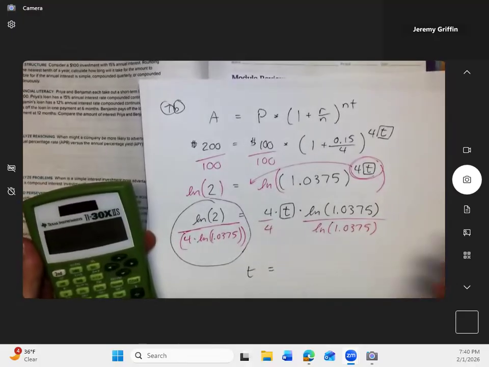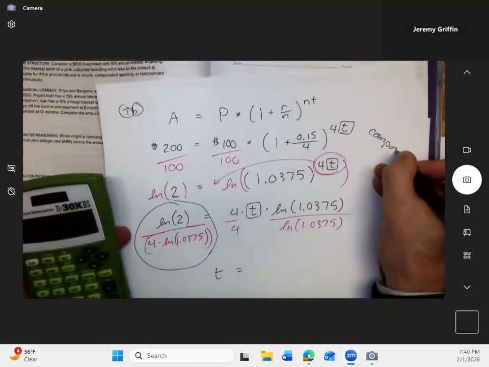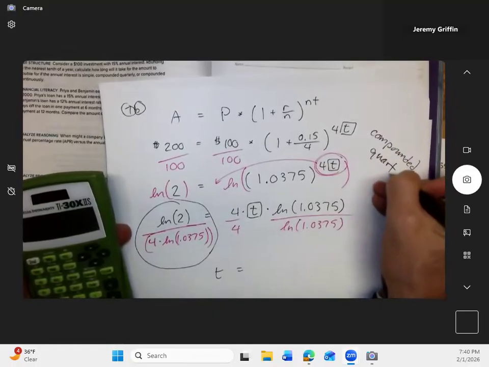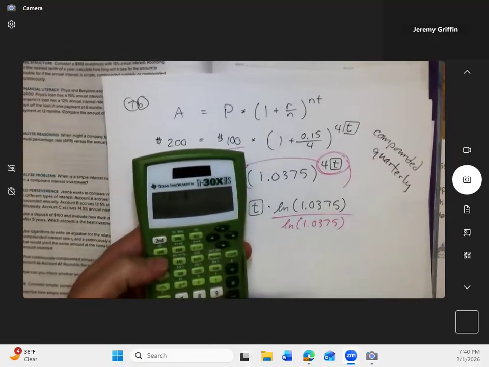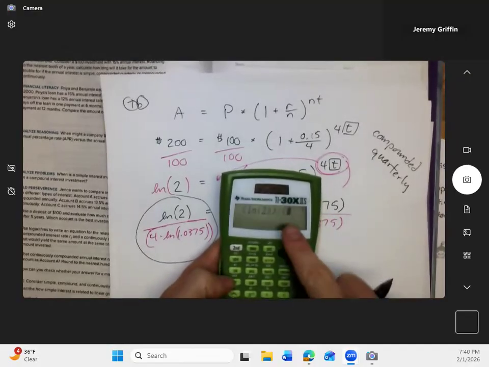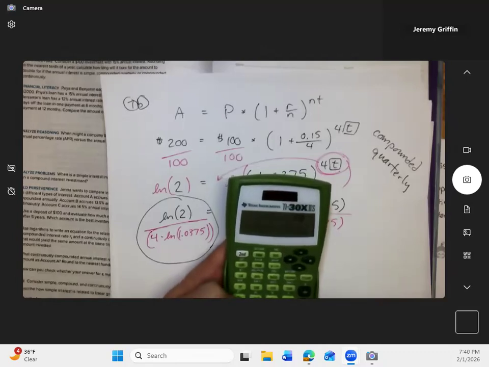So t equals, and let me spell this out, compounded quarterly. T equals natural log 2, divided by, and then in parentheses, you've got to have parentheses here to get this correct. Make sure you're practicing that. 4 natural log 1.0375.